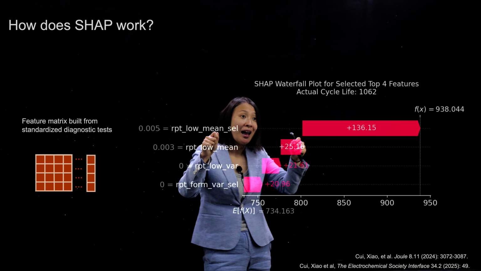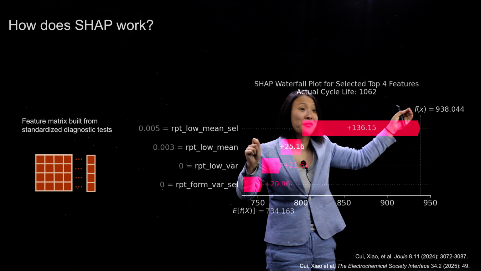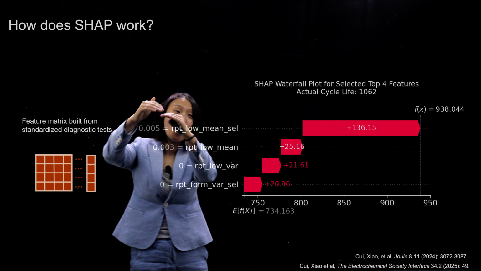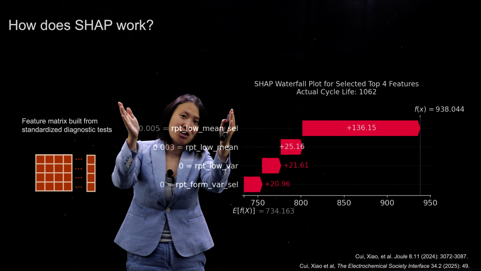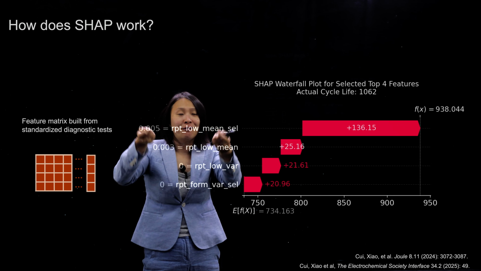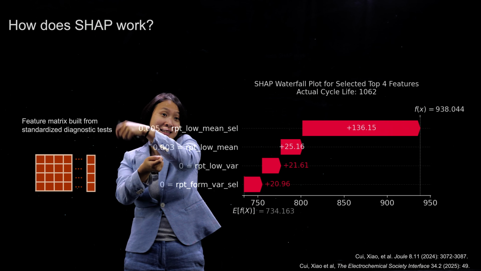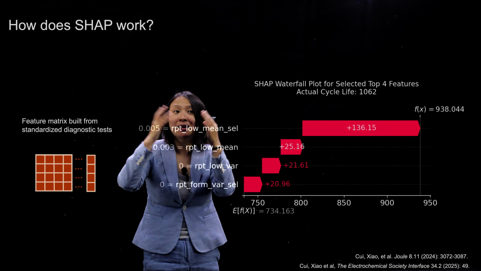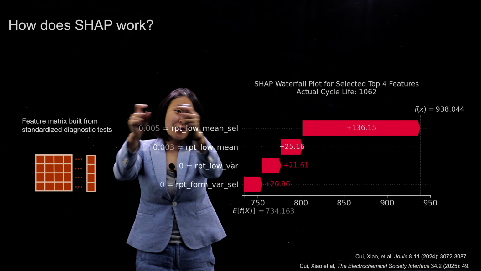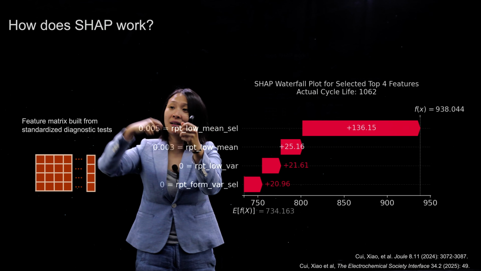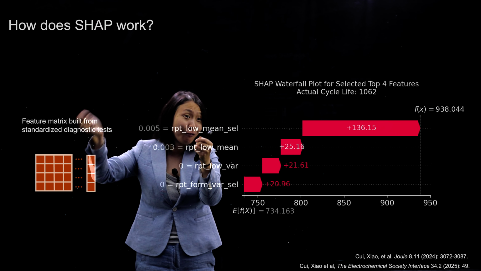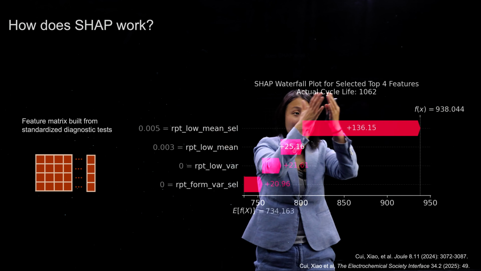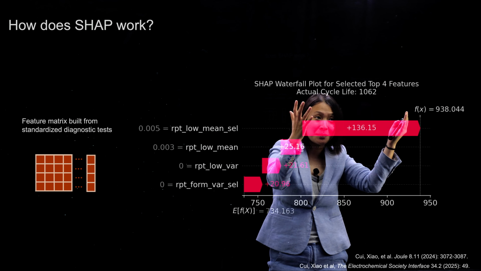But this battery has a longer cycle life. And different features, specifically the top 4 features, these are the names of the features, which are mathematical formulations from the time series data from our raw data. But the idea here is that SHAP analysis tells us that the first feature, by being at the value of 0.005, positively impacts the prediction outcome by over 136 cycles.